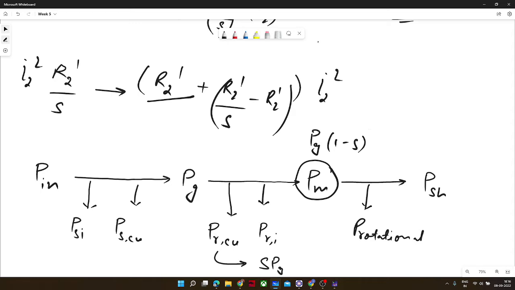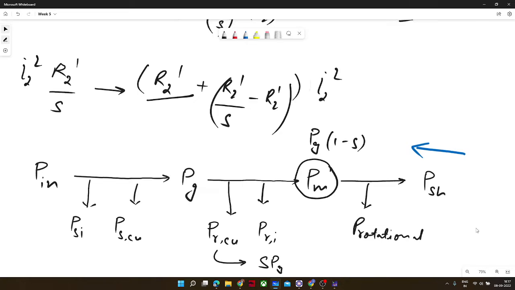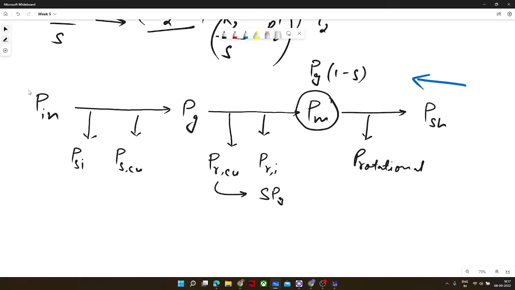So if you go from this side to this side, if you add both PG into 1 minus S plus S PG, you will get PG. PG into 1 minus S is the mechanically developed power, plus S PG, would be equal to PG.